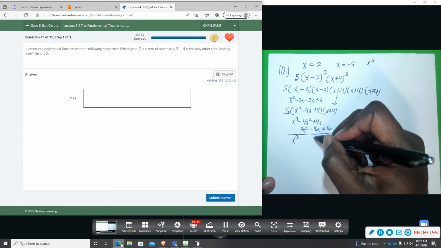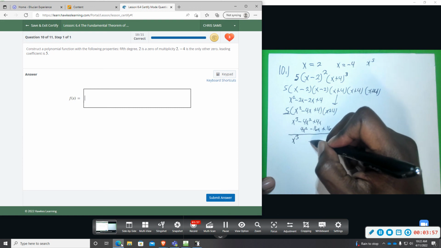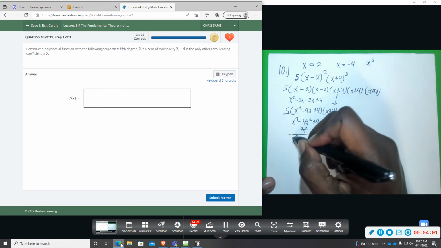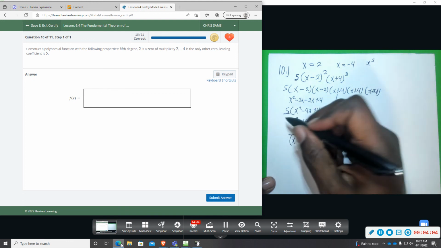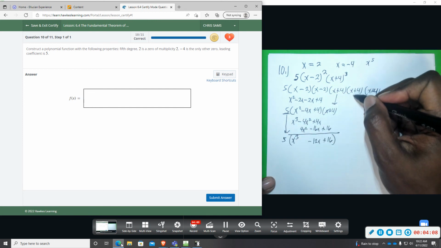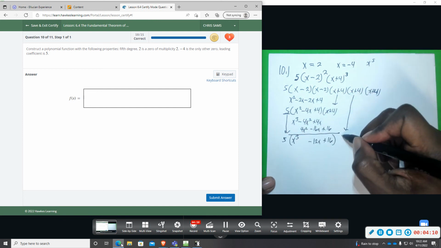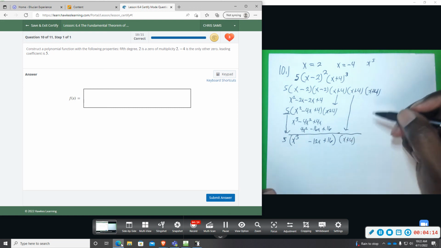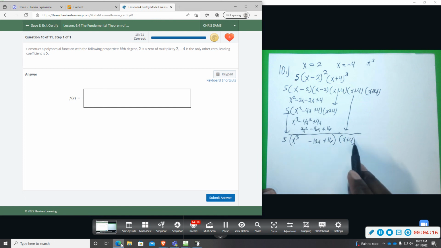This will give me a negative 12x plus 16. Alright, bringing the 5 down because that's going to happen at the end, and then bring my next term down, x plus 4. So once again, I'm going to multiply everything by x and then by 4.